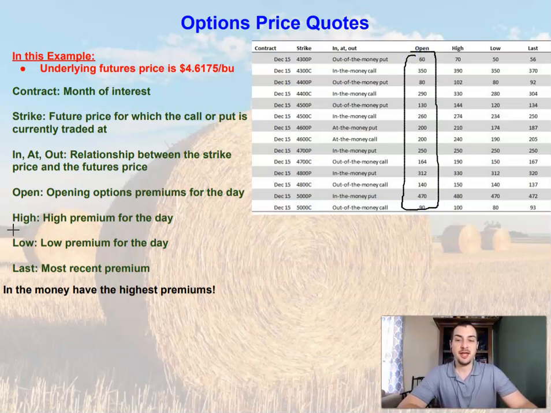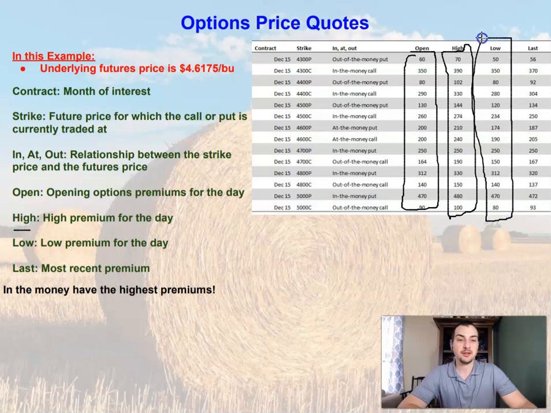So then the next column is high. The high for the day is going to talk about what was the highest premium for that particular contract for that day. Then we get into the lows talking about the low, and then of course we have our last. Just like in the futures contract quotes, the last is the most recent.